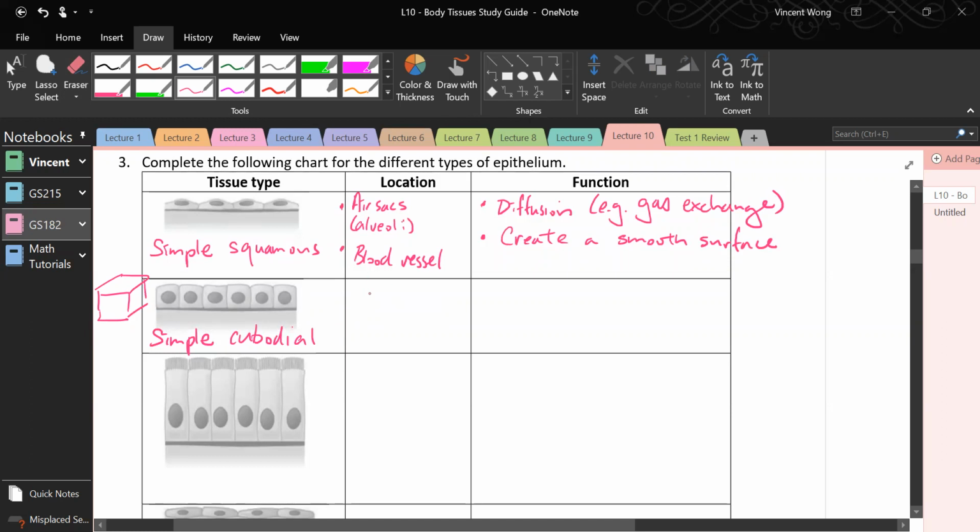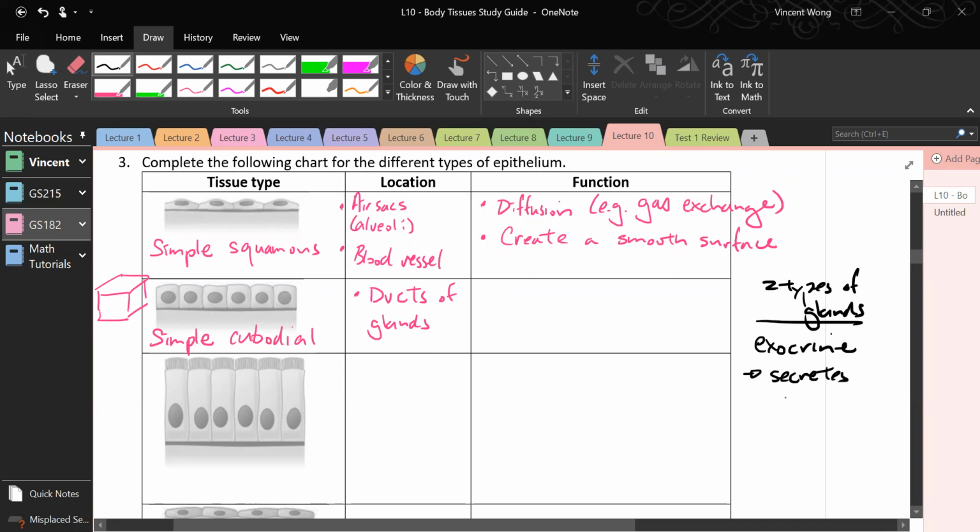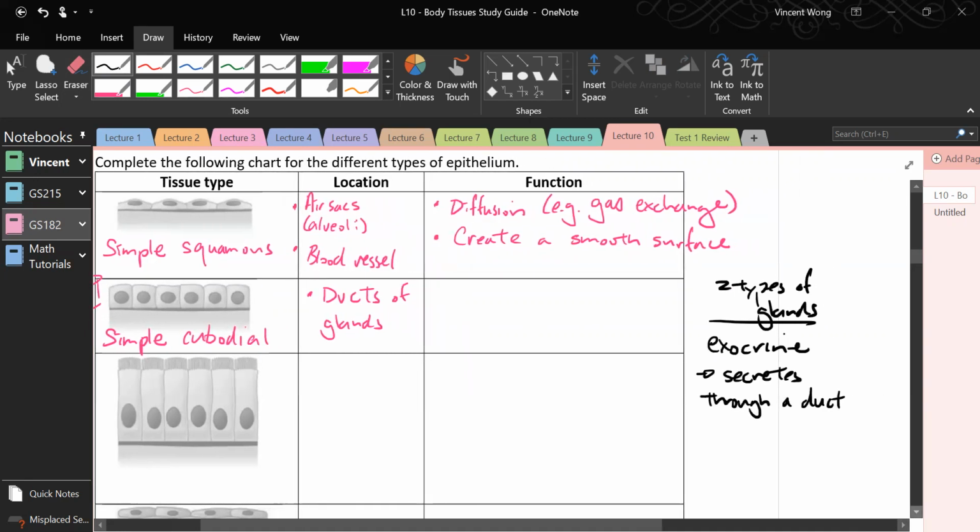You will find simple cuboidal in ducts of glands. There are two types of glands. We have what's called exocrine gland, which secretes through a duct, like a sweat gland.